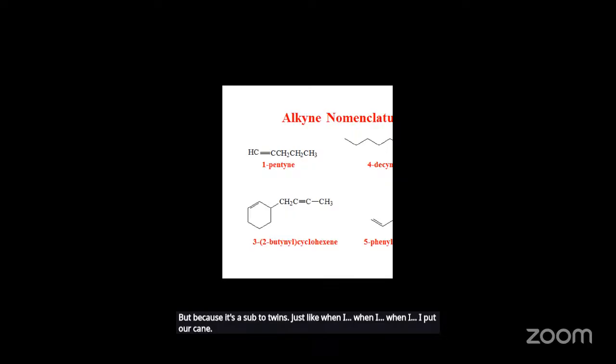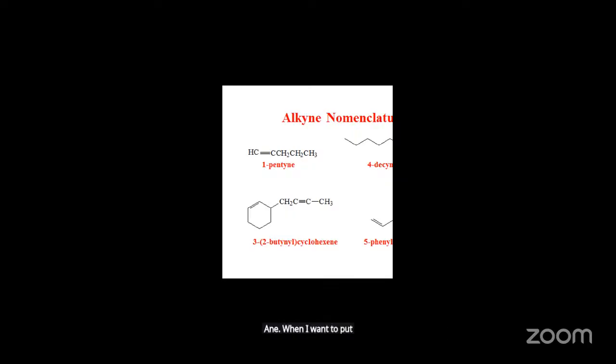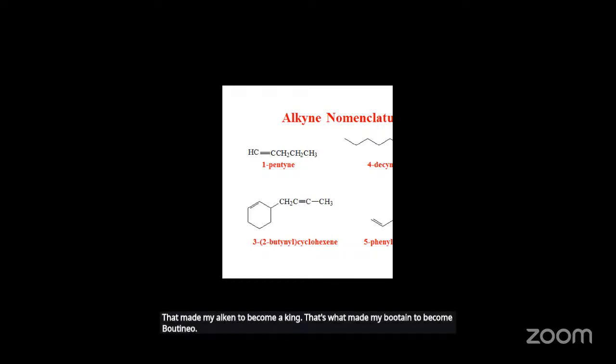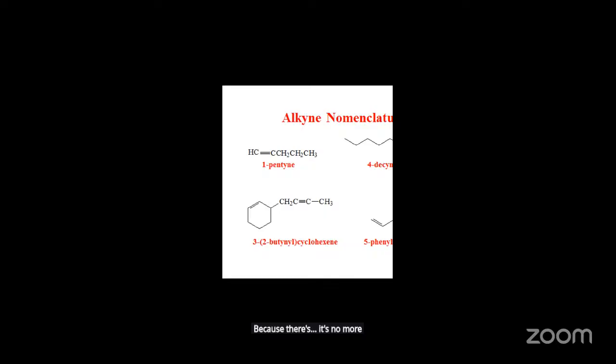But because it's a substituent, just like when I put alkane, ANE, when I want to put alkyl, I remove NE and put YL, alkyl. The same thing that made my alkane become alkyl is what made my butyne become butynyl. Because it's no more a compound, it's an addition, it's a substituent, which is an incomplete compound. So that is what you need to know.